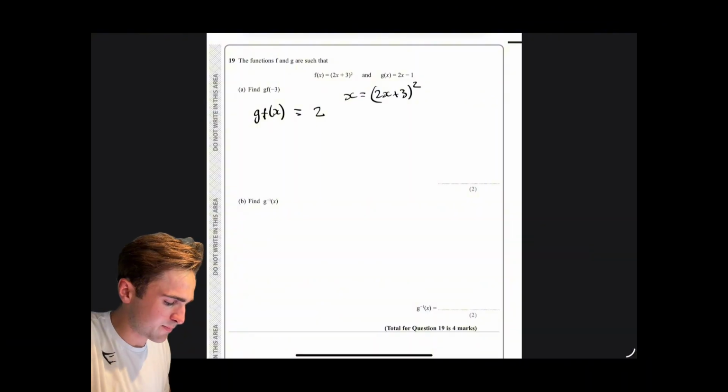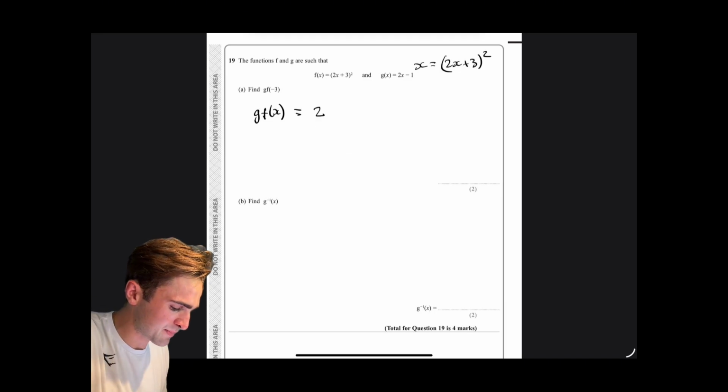So if we move that up, this x here becomes a big f of x, basically.